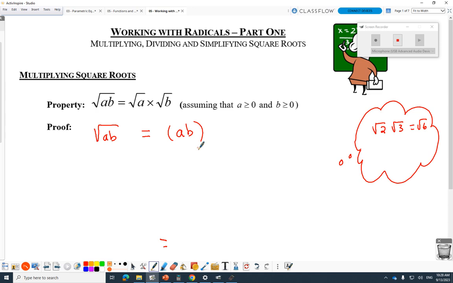What exponent does square root become? So close. 1/2.